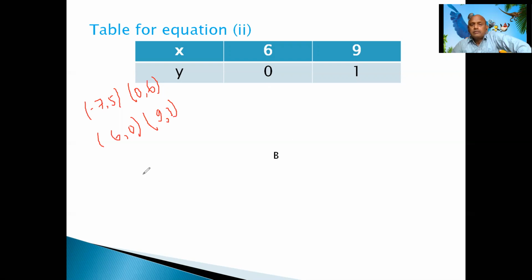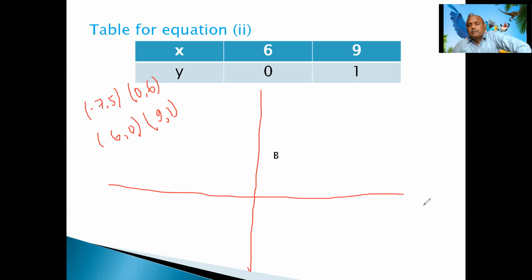How to draw the graph? Let us see here. X dash.